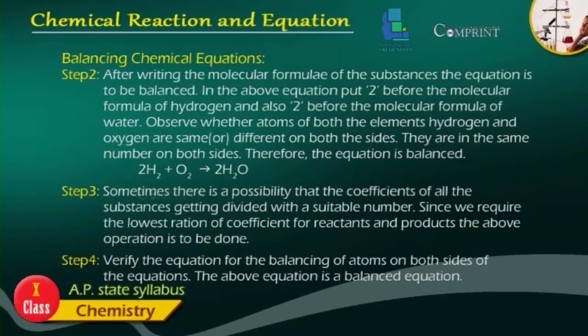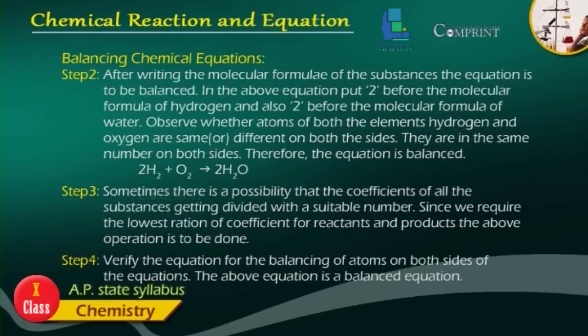Step 2. After writing the molecular formula of the substances, the equation is to be balanced. In the above equation, put 2 before the molecular formula of hydrogen and also 2 before the molecular formula of water. Observe whether the atoms of both the elements, hydrogen and oxygen, are the same or different on both sides. They are in the same number on both sides. Therefore, the equation is balanced: 2H2 + O2 gives 2H2O.